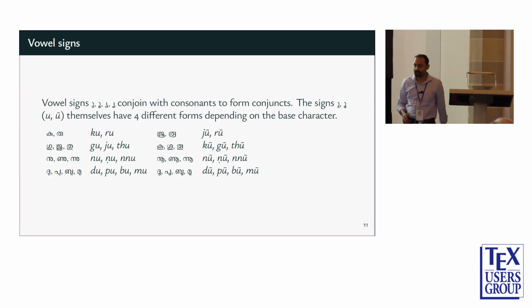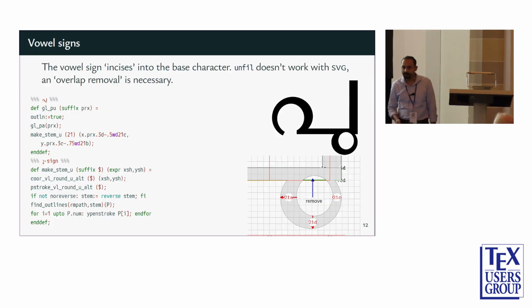Now I want to go back to the vowel signs one more time, which has these 4 different formats, but we wanted to use a single macro definition, if at all possible, a uniform macro definition, and reuse this, and we have succeeded to a certain extent. For example, this syllable pronounced as pu, pa, with the u vowel sign attached beneath it.